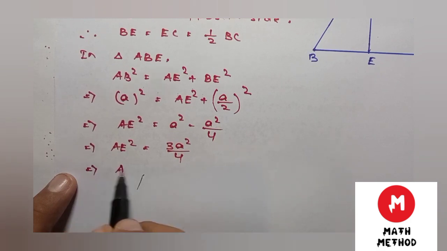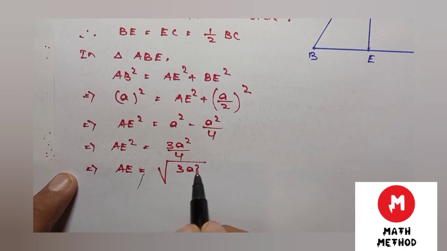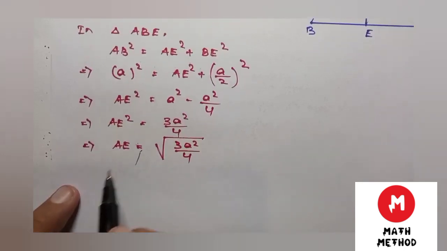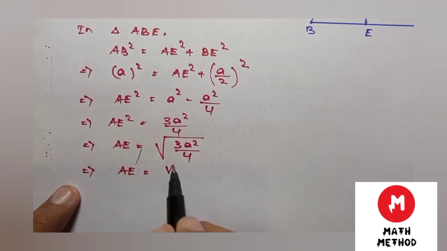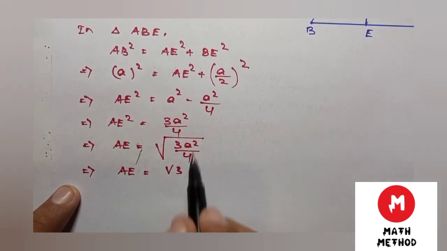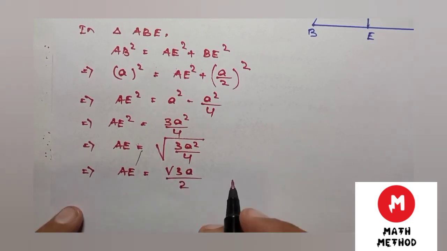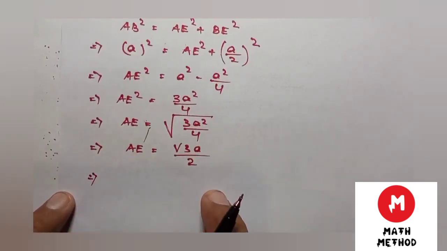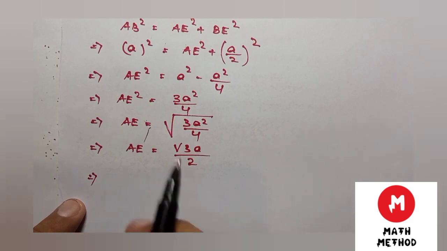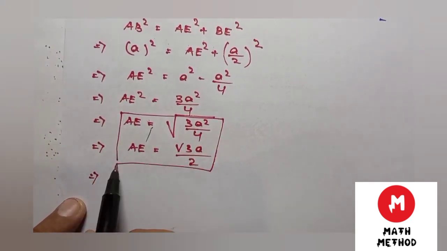So AE is equal to root 3 A upon 2. This is not required for this question.